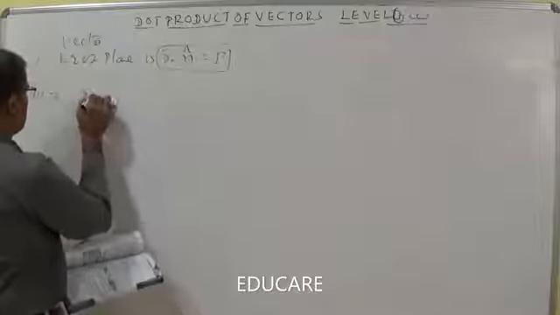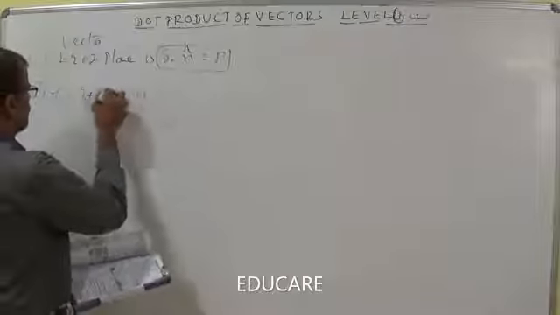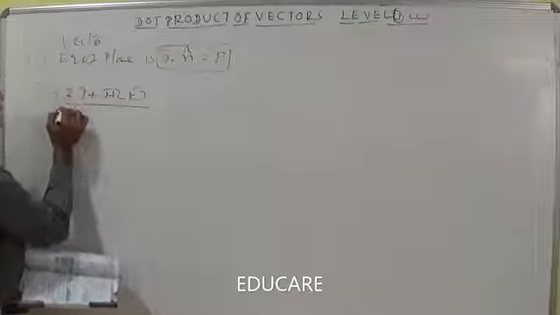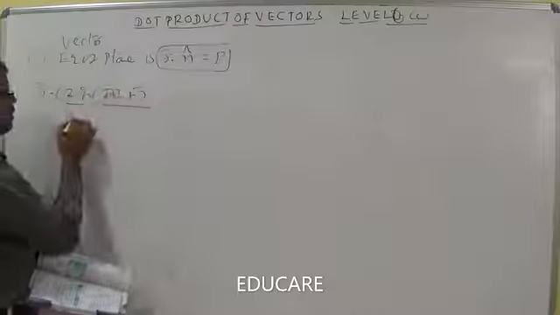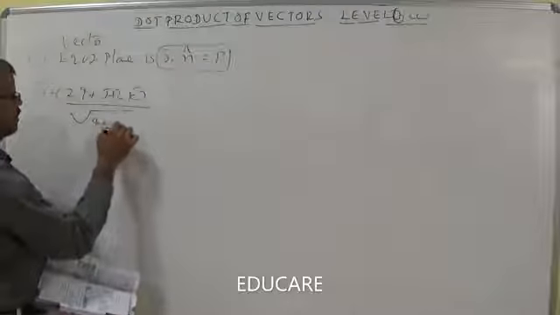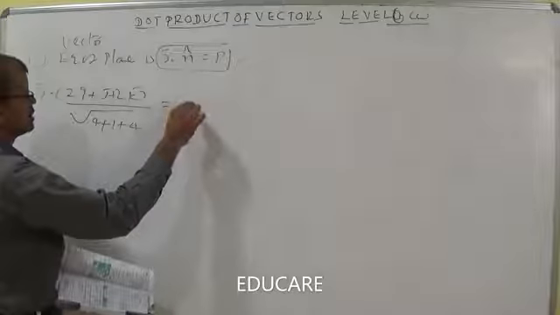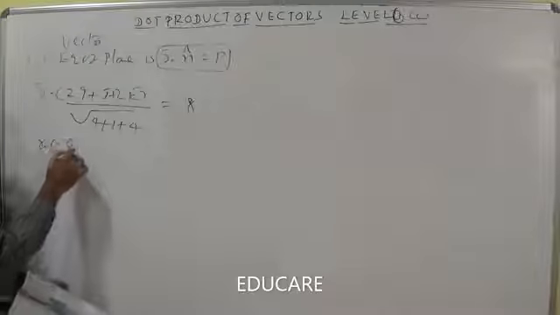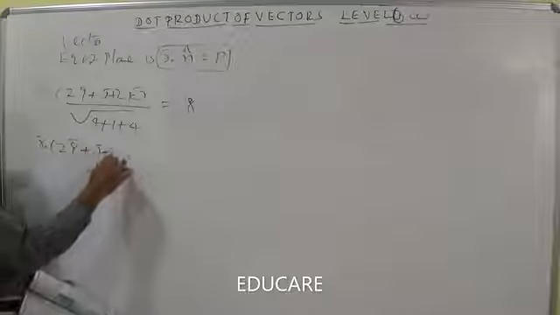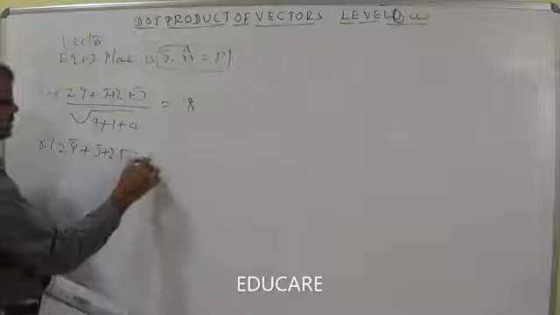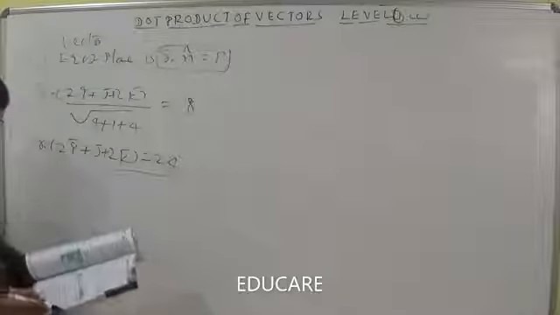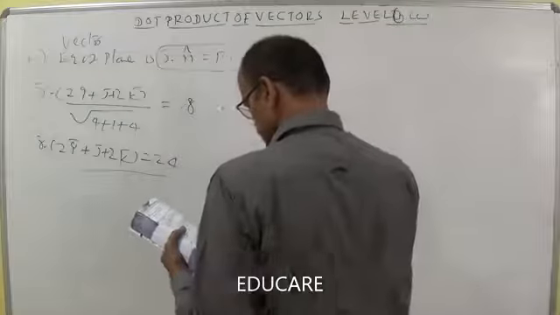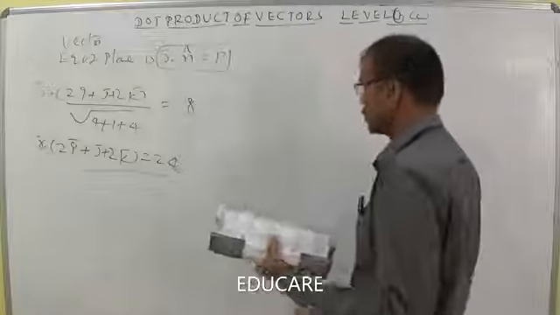According to the unit vector concept, n bar by mod n, that is by root of 4 plus 1 plus 4, equal to the distance he gave as 8 units. So you write r bar dot (2i plus j plus 2k) by 3, equal to 8. Taking 3 to this side, you can write it as 24. So the option is 2i plus j plus 2k, the fourth option. 16th one, okay.